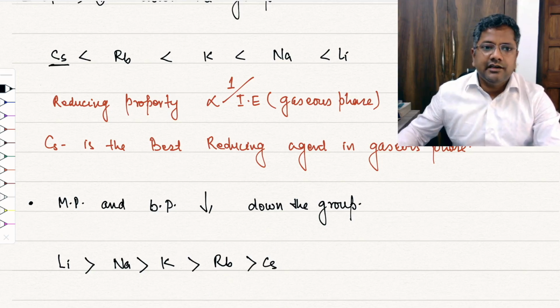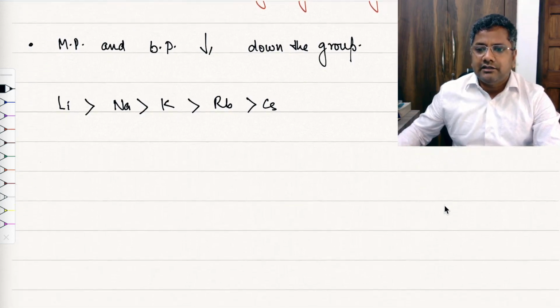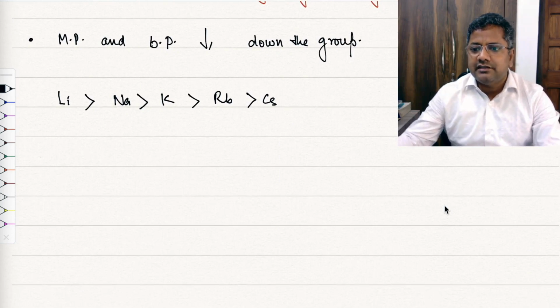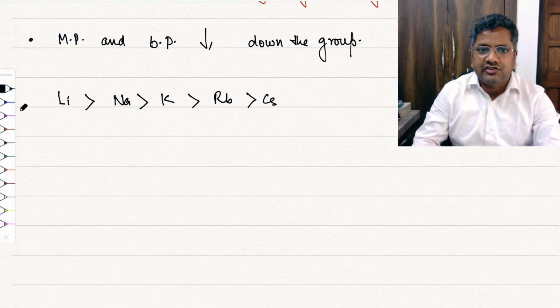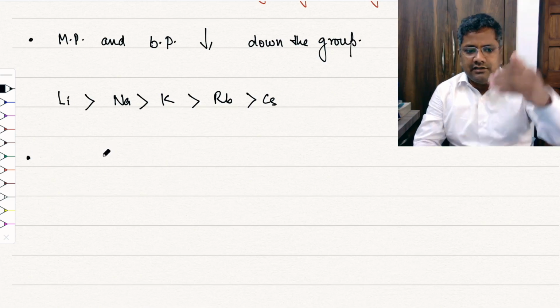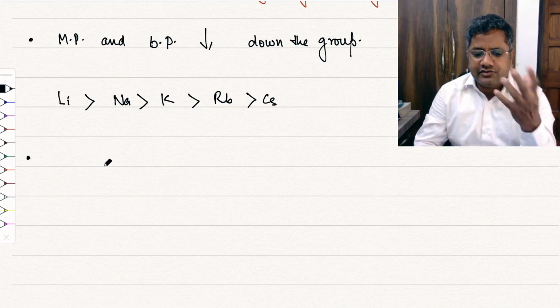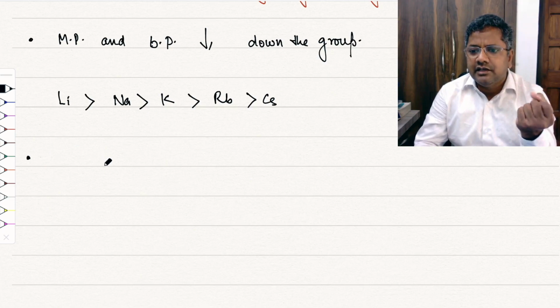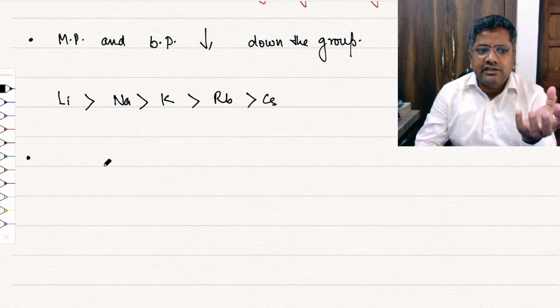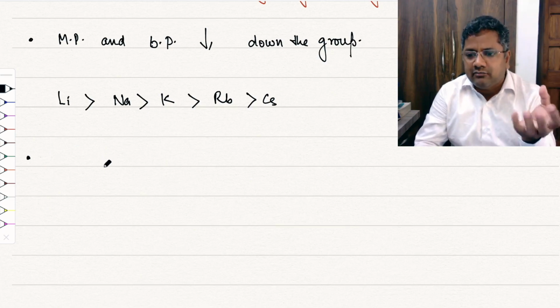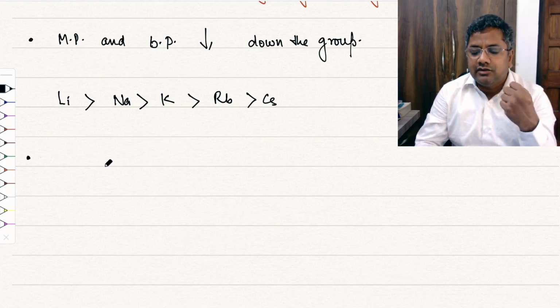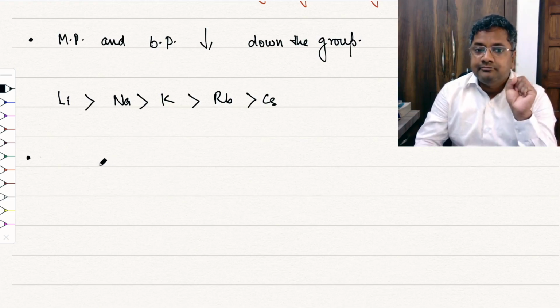Now see, one more important property is the cohesive energy, and the measure of the cohesive energy is the enthalpy of atomization. As you know, down the group softness increases, so the cohesive energy, or enthalpy of atomization, decreases down the group. This is a very important property, right?